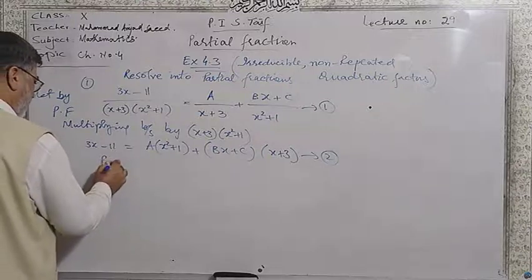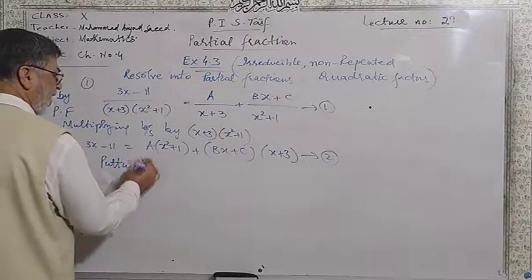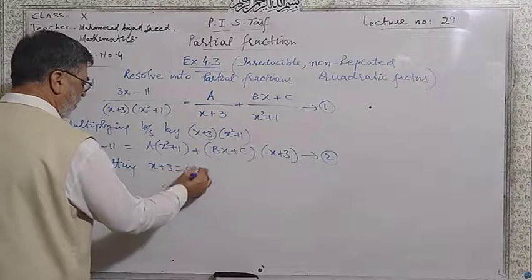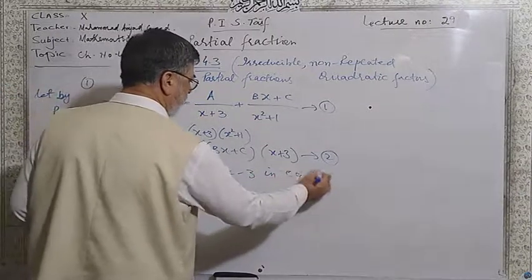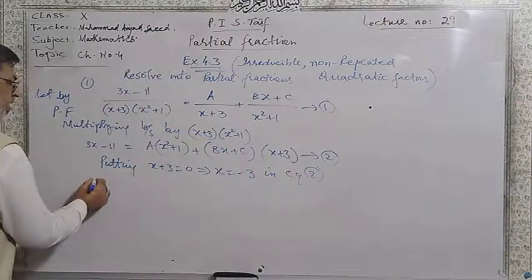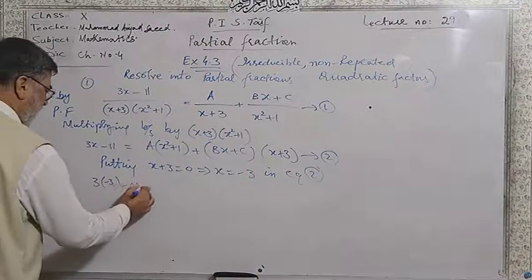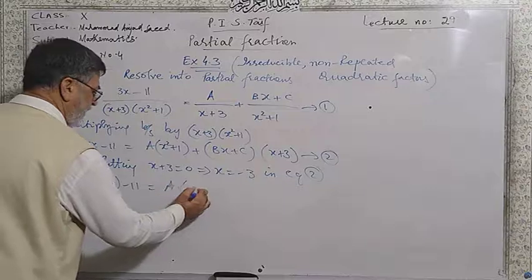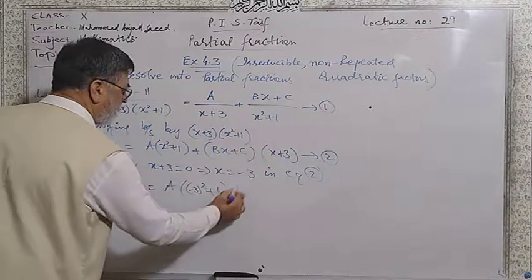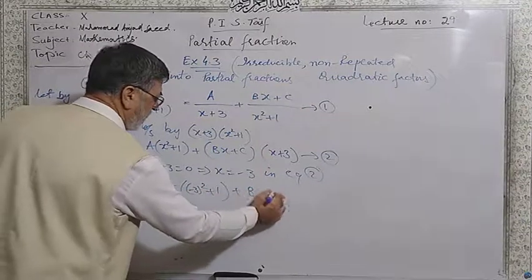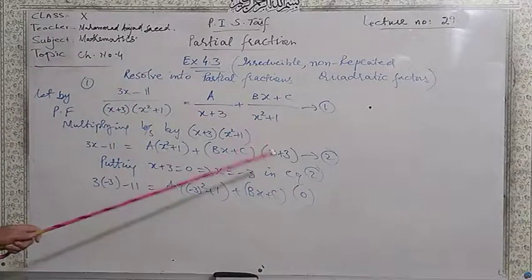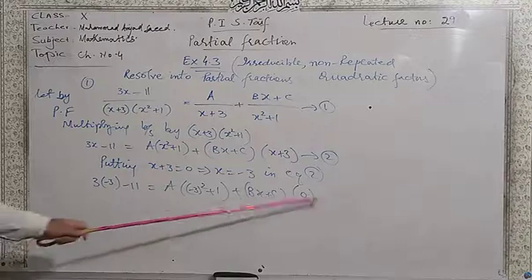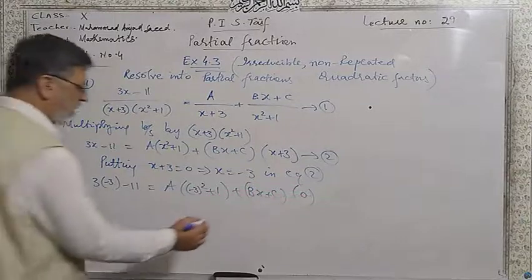So putting x plus 3 equal to 0 implies that x is equal to minus 3 in equation number 2. 3 into minus 3 minus 11 equals A into (minus 3 square plus 1) plus (Bx plus C) into (x plus 3), which is 0. I have not written the value of x there, because everything will be multiplied by 0 and it becomes 0.